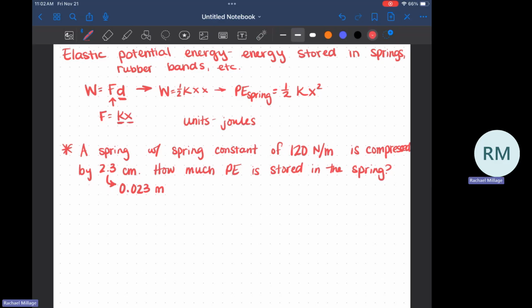Now what do we want to do? How do we solve this? So PE spring was 1/2 kx squared. So this equals 1/2. Do we have a k?